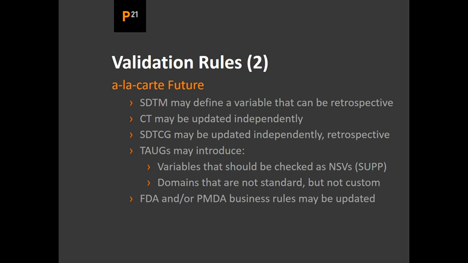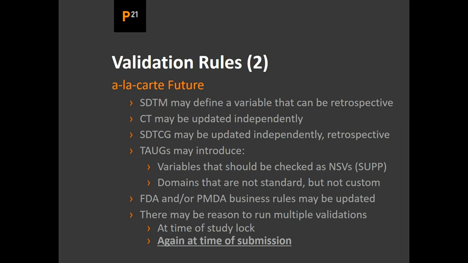And of course, FDA or PMDA business rules may be updated. FDA business rules are referenced in the technical conformance guide. And as I mentioned on an earlier slide, there's maybe a reason to run multiple validations. And it's a strong recommendation from us that you would always run multiple, well, not always.